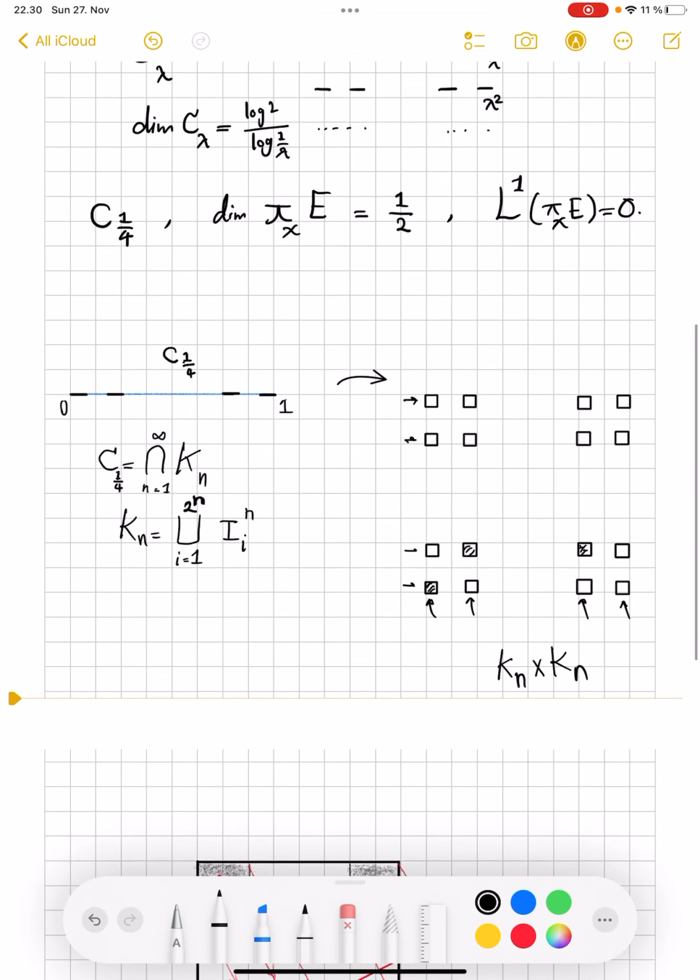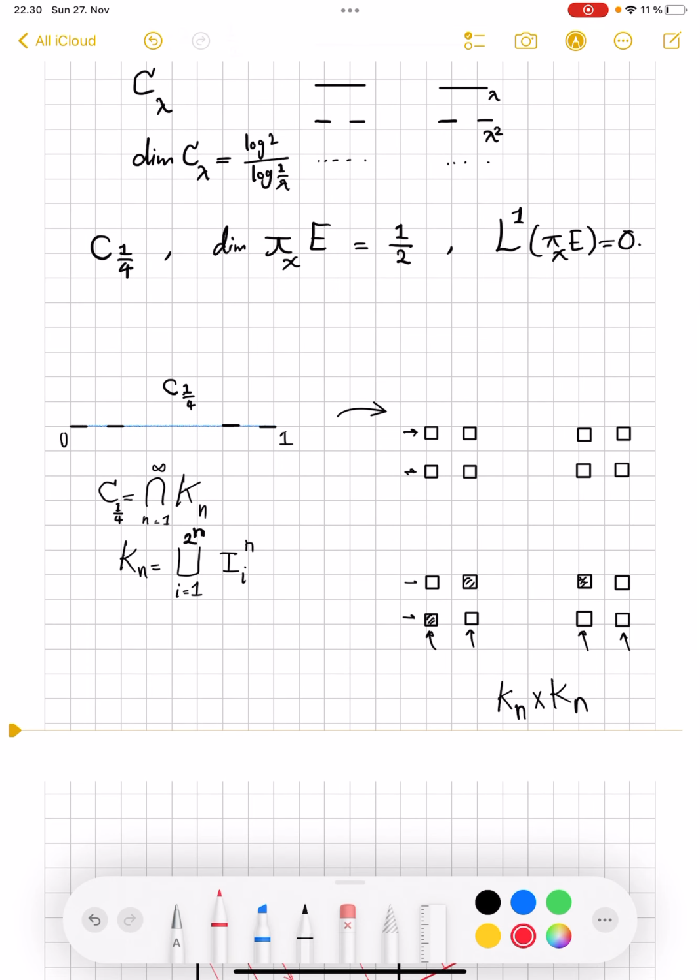And the punchline is that with this you can see that the construction we have, the Cantor set in 2 dimensions, is nothing other than the multiplication of a one-dimensional Cantor set. So this Cantor set in R2 is a Cartesian product of another Cantor set in 1 dimension.